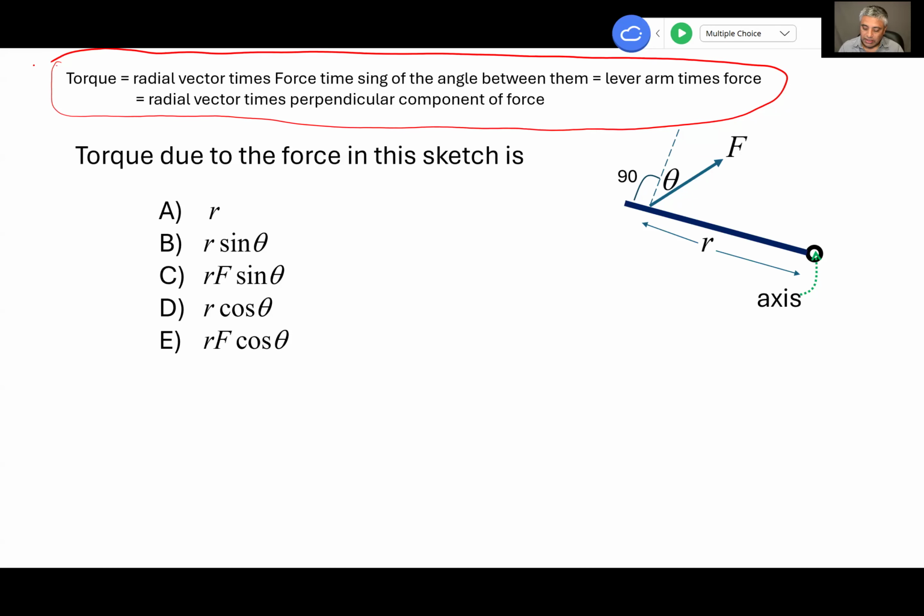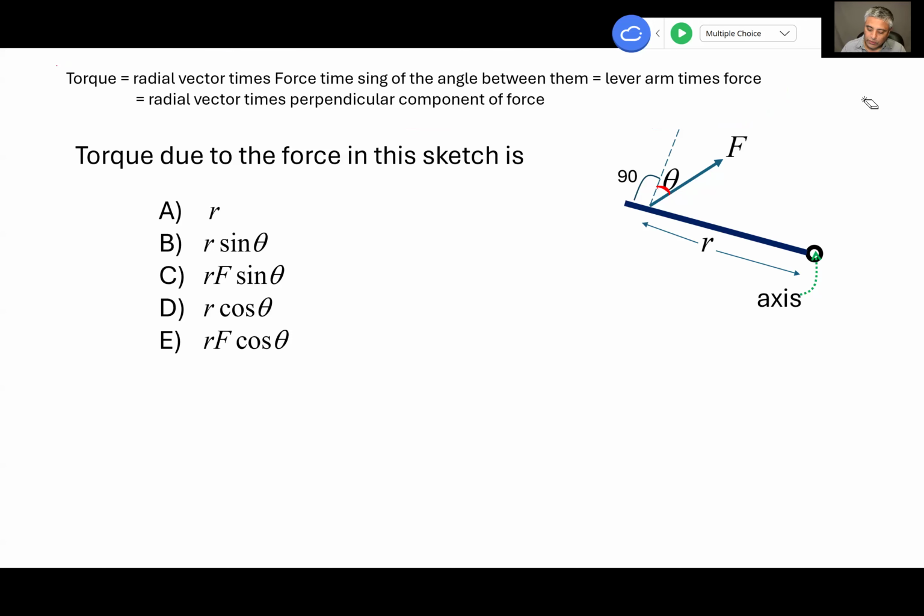Here this angle is given. Based on what you know about how to find torque, find it using whichever method is most convenient for you and choose the answer. You have 2 minutes to answer this question.